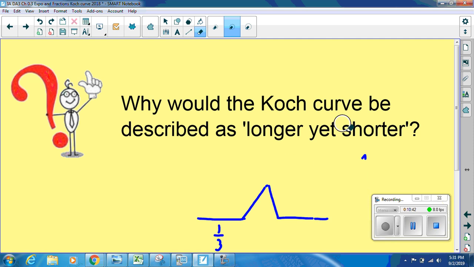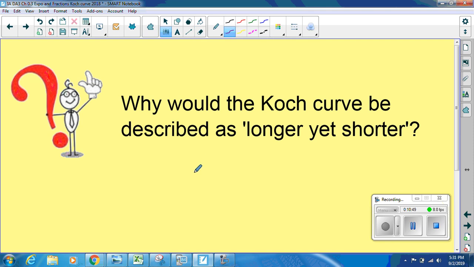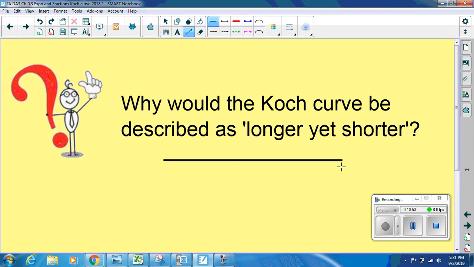So why do we say that the Koch curve can be described as longer yet shorter? If you think about that Koch curve, I started with a line, and then I end up with this, right? Well, it looks kind of to be the same length if I just go from end to end, but if I actually look at the length of each piece, the length in its entirety has gotten longer, right?